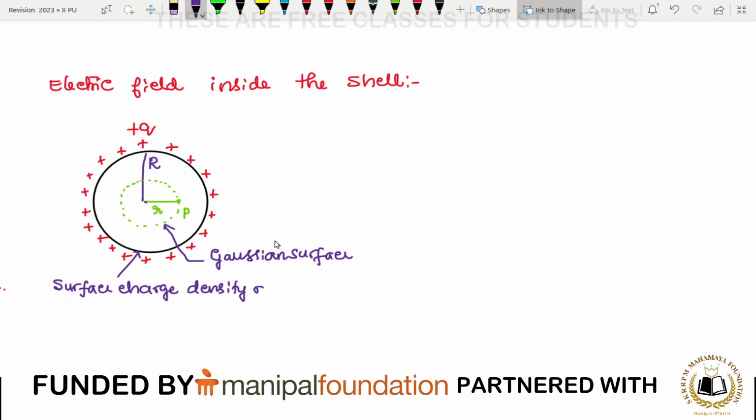Gaussian surface. Okay, so we'll now calculate the electric flux through the Gaussian surface.